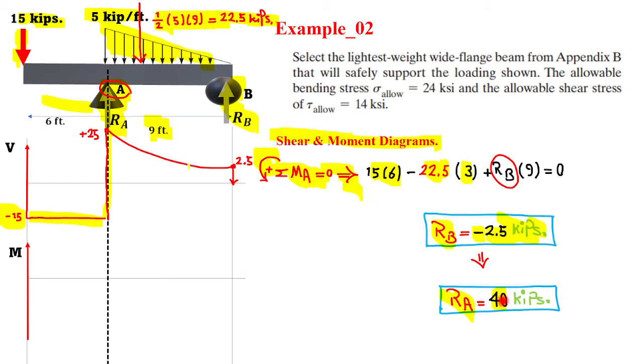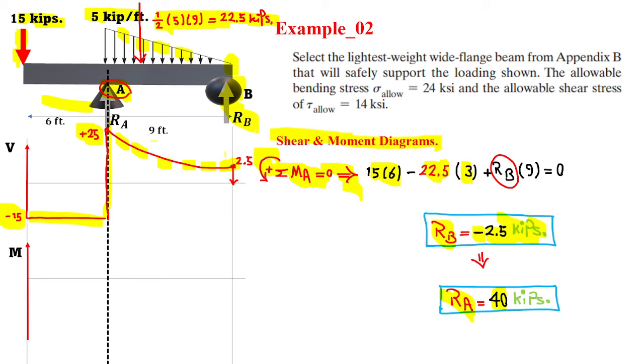Then if you take the 40 here, negative 15 plus 40, that's a positive 25. Then the amount of load is reducing. The slope of the shear diagram should decrease until it reaches 0 for the load.